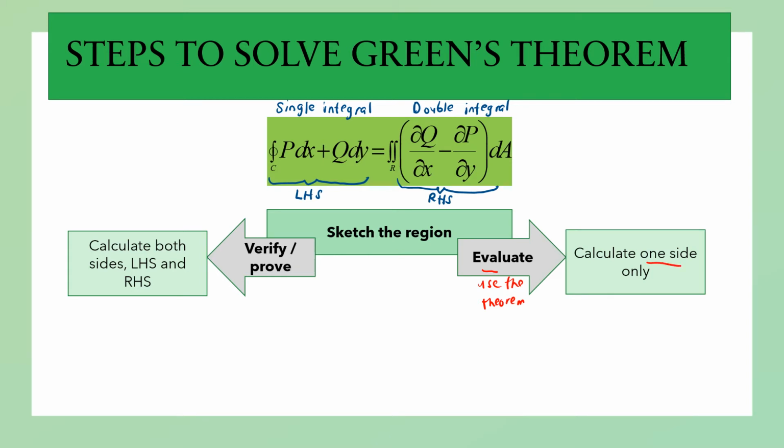For example, the question asks you to evaluate the line integral of P dx plus Q dy, which is the left hand side. So you must show the answer in the right hand side. If the question gives us the right hand side, you must show the left hand side.